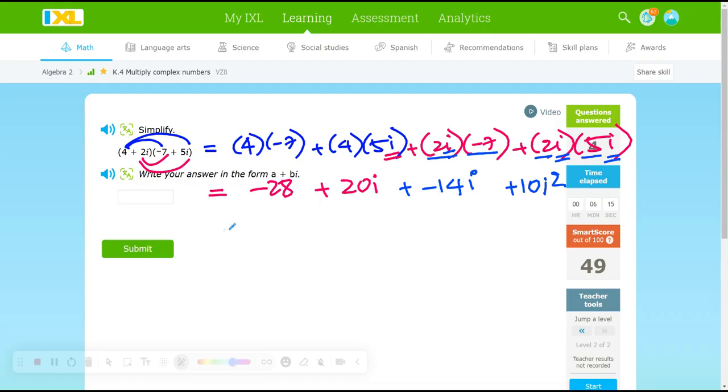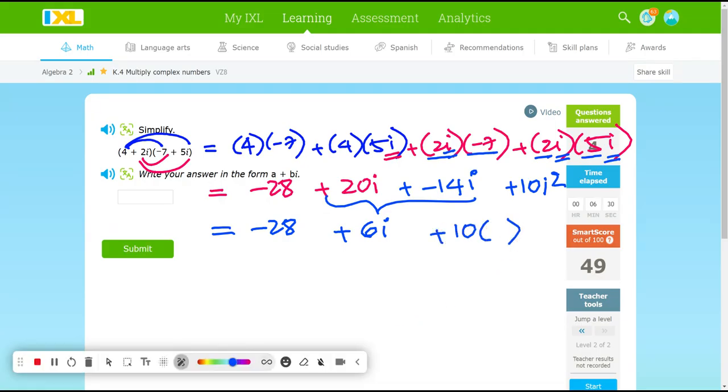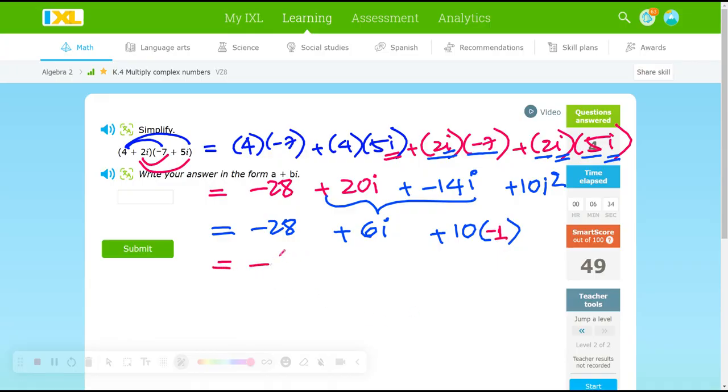Okay? So now combine like terms. Negative 28, you cannot combine with anything yet. 20i subtract 14i, that's a 6i. Okay? And then 10i squared in the back. But when you see i squared, I substitute by negative 1. Okay? So now I have negative 28 plus 6i and subtract 10.